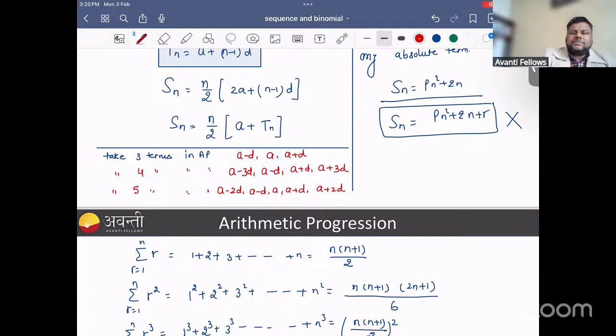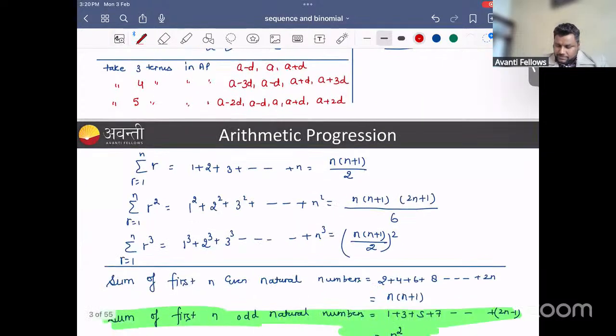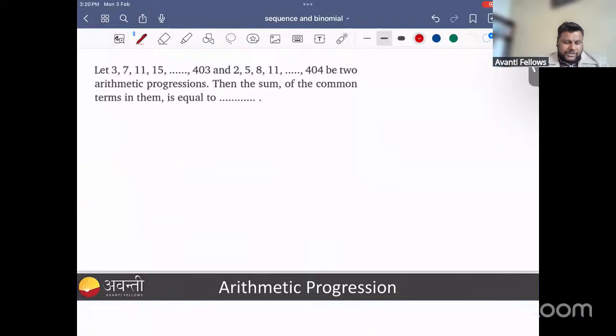Have a look. Now, try this question. Try this quickly.